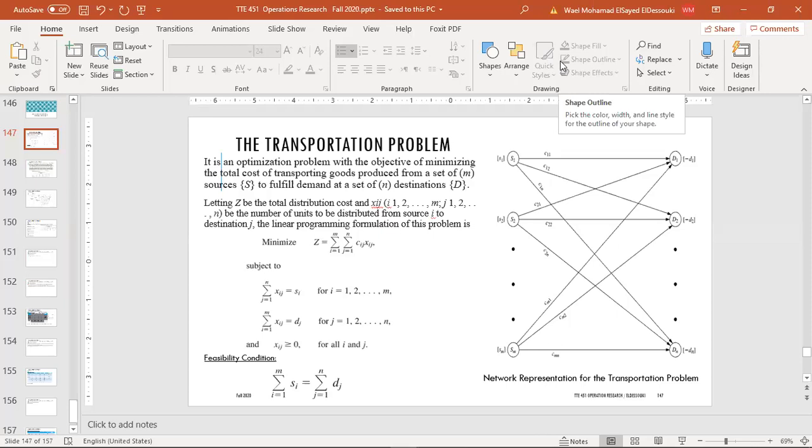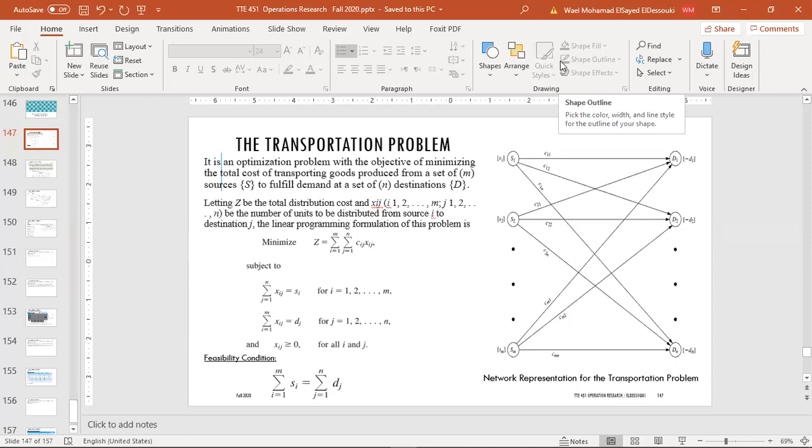Today we are going to continue on the transportation problem. Last week we started on writing the formulation for the transportation problem, and we identified the decision variables in the problem to be Xij, where Xij is basically the flow from source i to destination j.